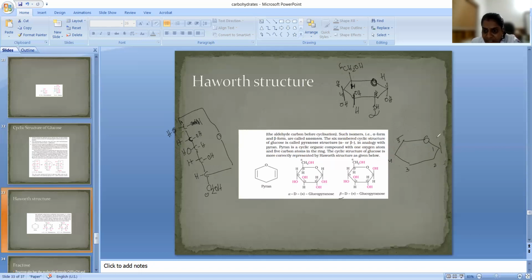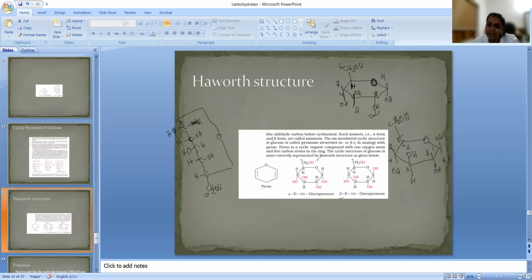So the left should always be up. So OH, H. Next carbon, H, OH. Third carbon, OH up, H down. Next, left side H, so H up, OH down. And then for the fifth carbon, as I said, CH2OH should be up and H should be down.